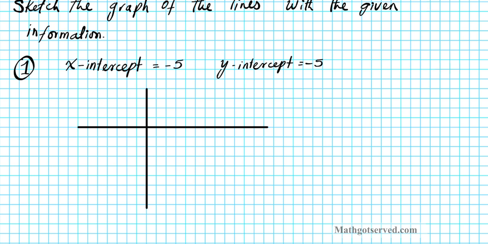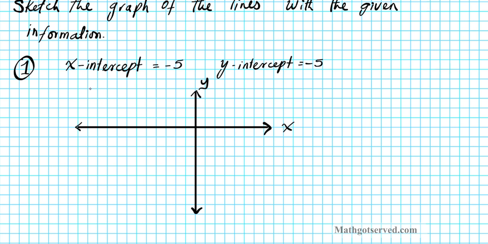Okay, so let's go ahead and set up our coordinate system. The horizontal axis is my x-axis, the line y equals 0. The vertical axis is my y-axis, the line x equals 0. Okay, now we're going to go ahead and graph the x-intercept first.